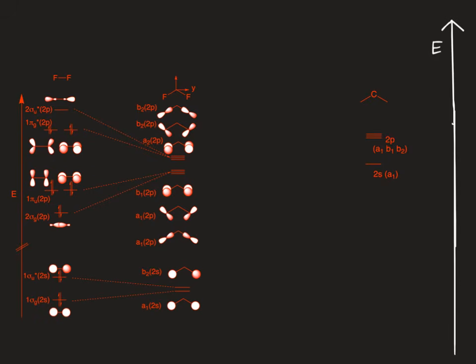Adding in the carbon atomic orbitals with their symmetry labels, we're now going to overlap the fluorine SALCs with the carbon atomic orbitals. And we're going to put a break in energy here and also up here higher in energy. So first, these 2s combinations are going to be too low in energy to overlap with the carbon 2s or the 2p's. So we're going to bring these across as essentially non-bonding.